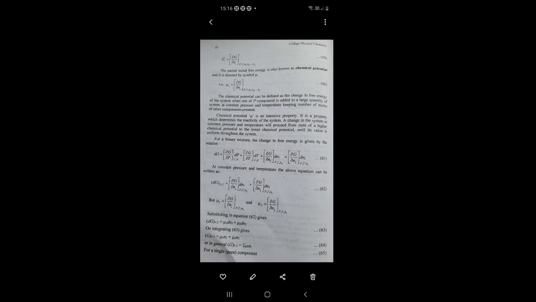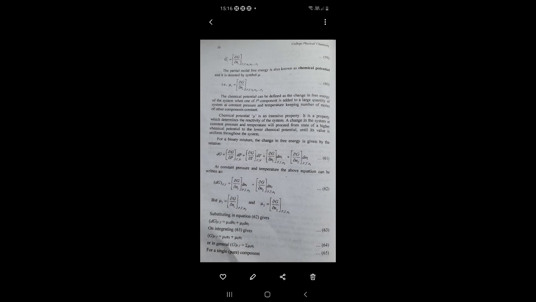On integrating equation number 63 we get G at constant pressure and temperature is equal to mu1 N1 plus mu2 N2, or in general, G at constant pressure and temperature is equal to the summation of mu i Ni, whatever the number of components given.